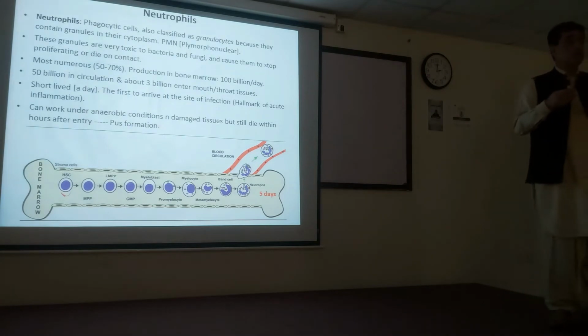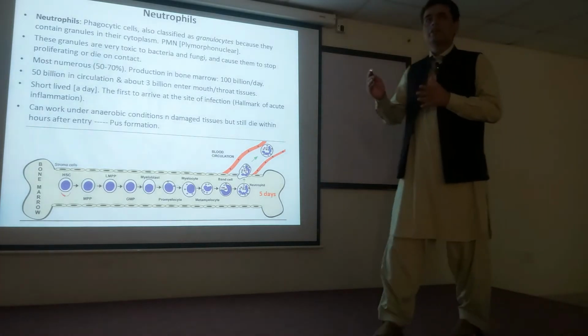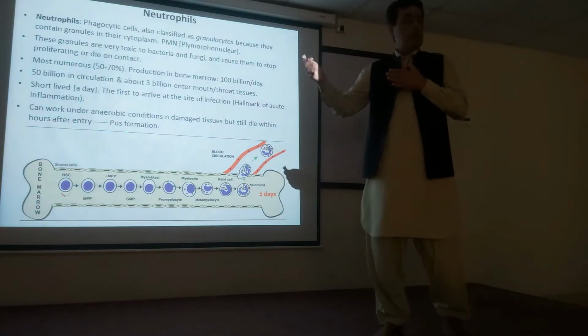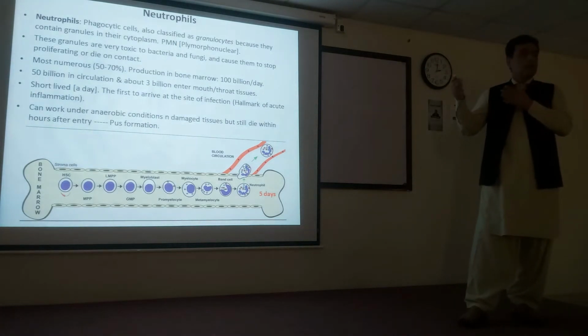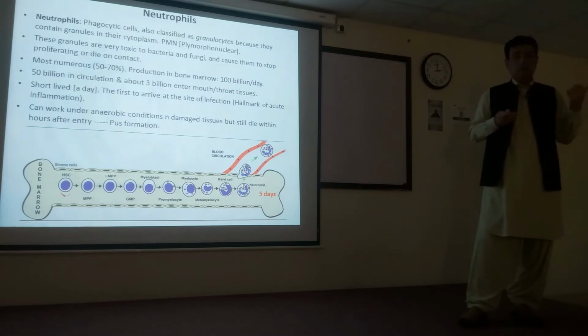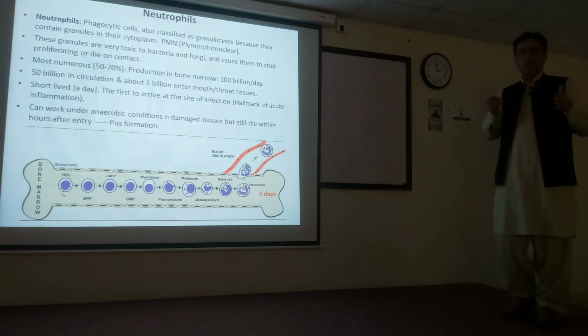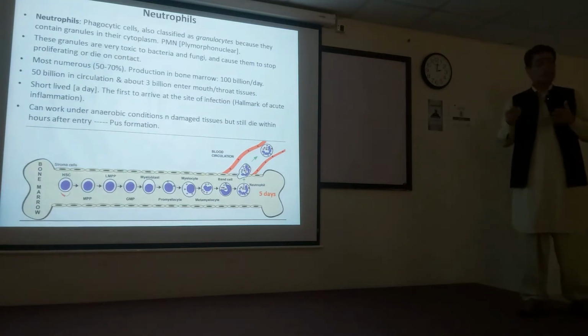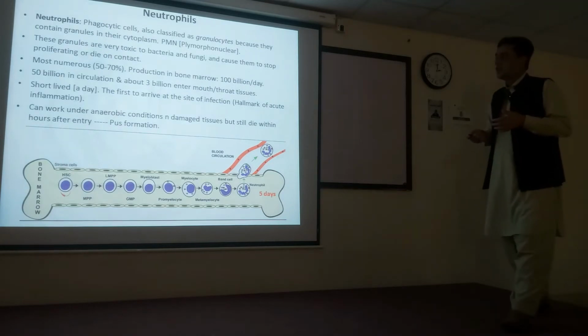They were using alternate sources to produce energy. When oxygen was introduced, the cells changed their strategy to use oxygen because it was more efficient to produce energy using oxidative processes rather than other processes. That's why, for billions of years, the eukaryotic cells have been using oxygen for production of energy.